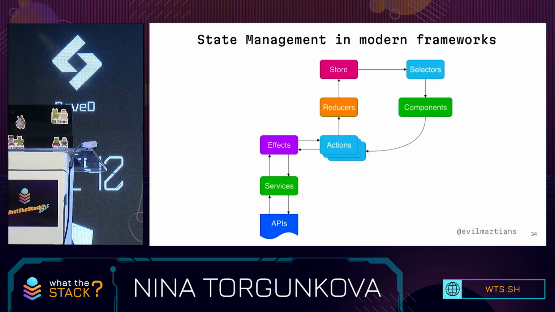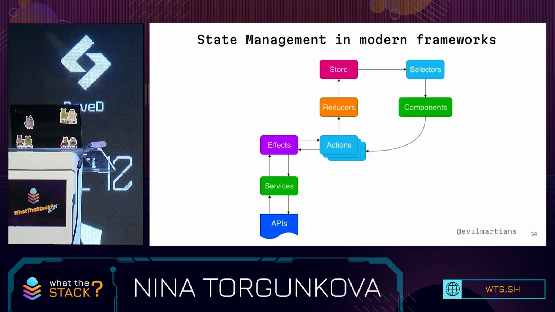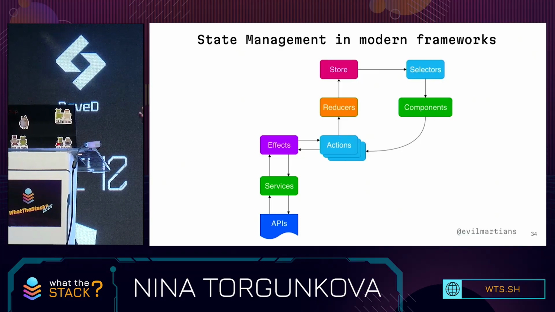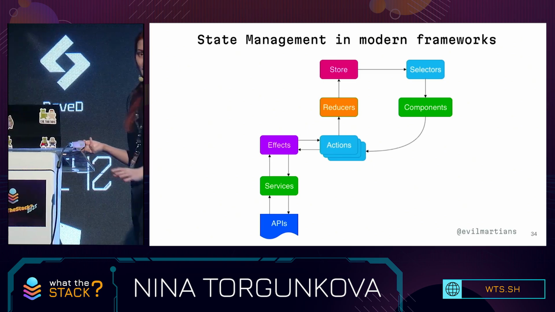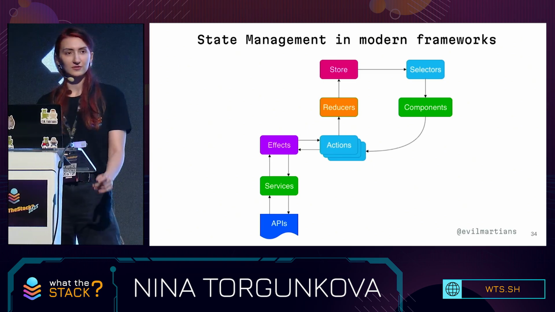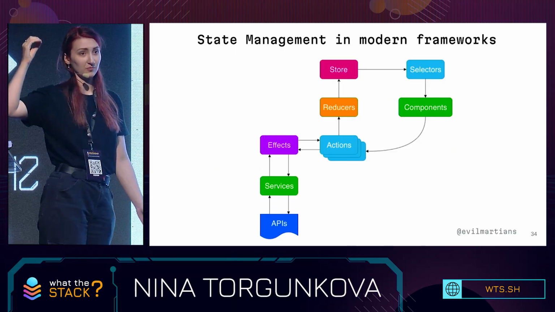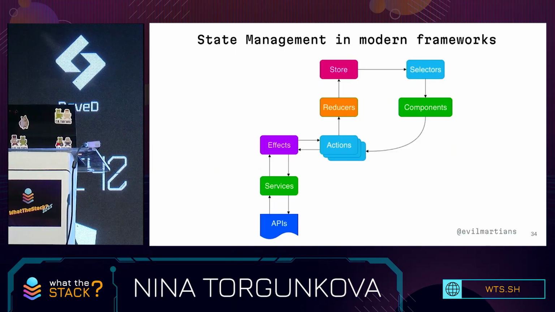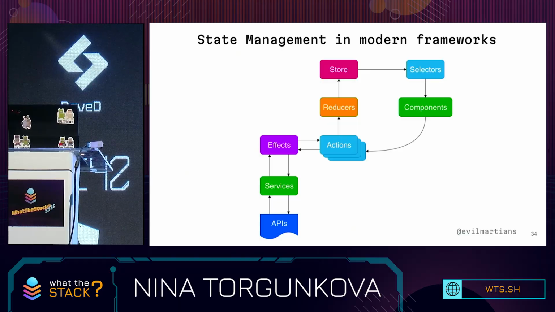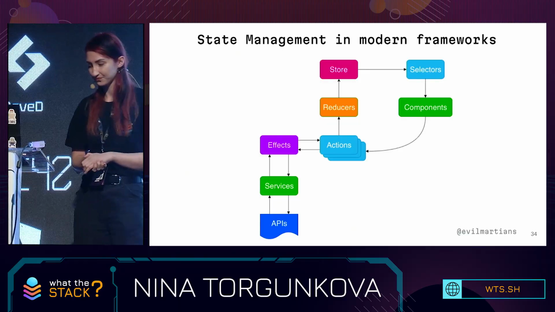When I was a beginner developer and I learned about state management for the first time, I was actually trying to do something really simple, like receive data from a server, data about my user, and display it in multiple components of my application.